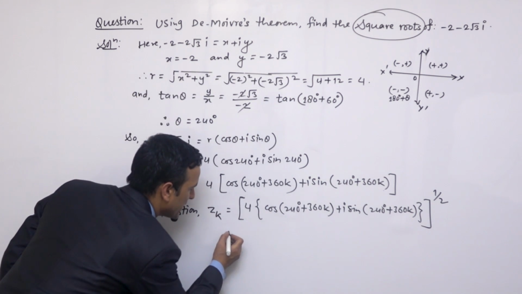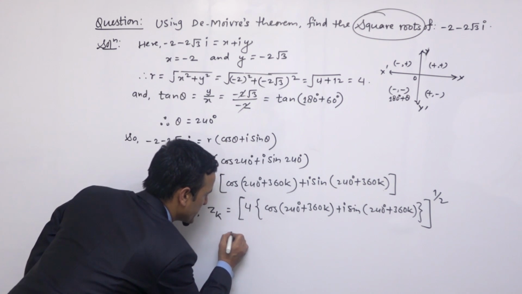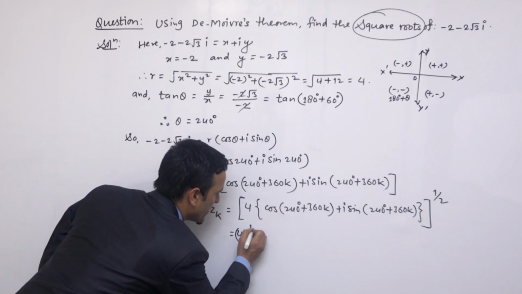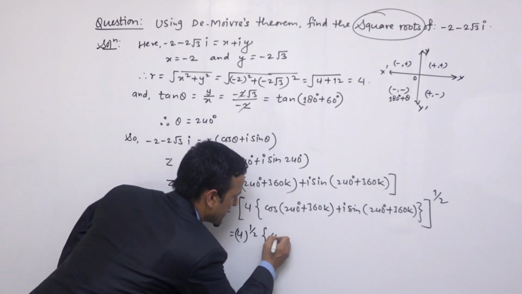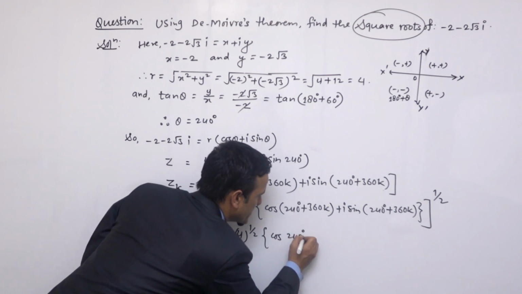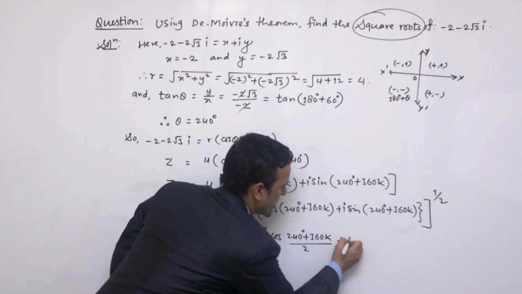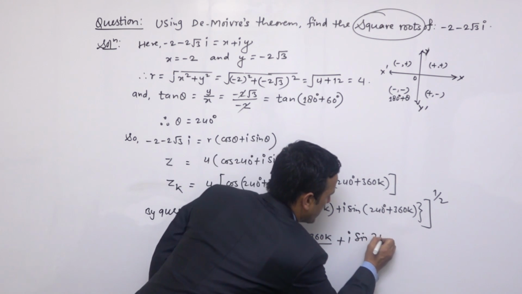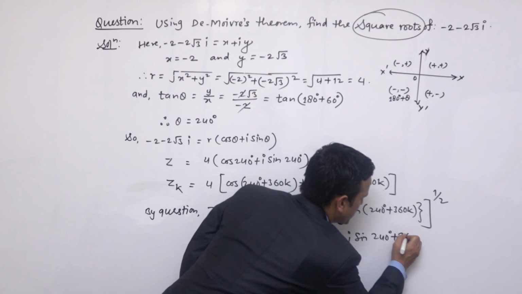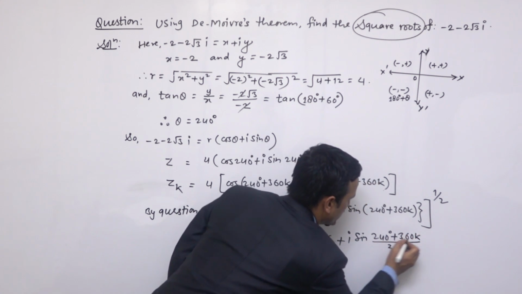Now we can use de Moivre's theorem. So it will be 4 to the power 1/2, and then cos (240 plus 360k) divided by 2 plus i sin (240 plus 360k) divided by 2.